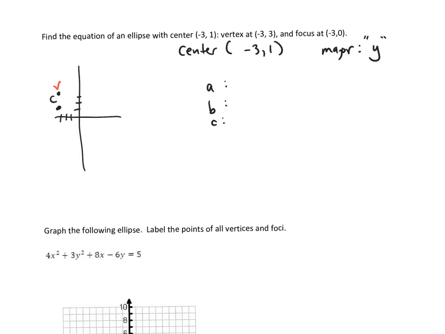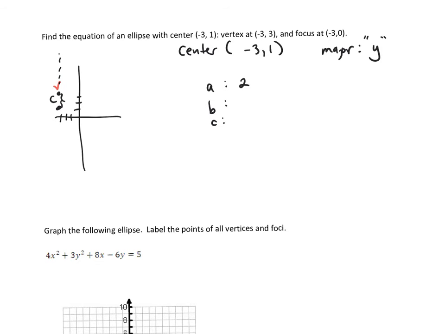Now I put y in parentheses because it's not technically the y-axis. Really, the major axis is going to be the line x equals negative 3, but for simplicity's sake, I'll just say y. We also know the distance from the center to the vertex is 2 units because we're going from negative 3, 1 to negative 3, 3. So I know A is 2.